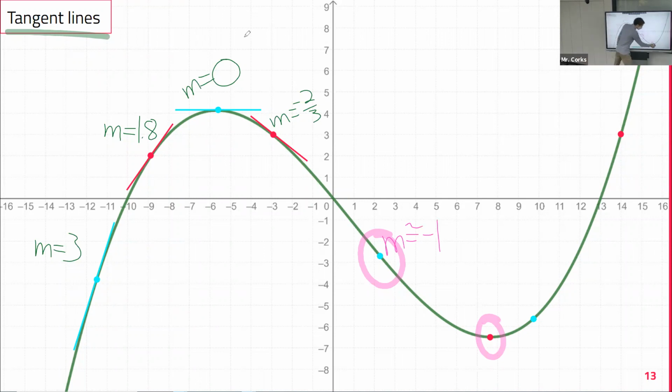That should be a really easy one to recognize. We would just get a perfectly flat line like that. So that slope looks like it's going to be 0. Again, we're just estimating. We have fancy tools that will let us calculate the exact slope at that point. For now, we're just doing visual, quick approximation.